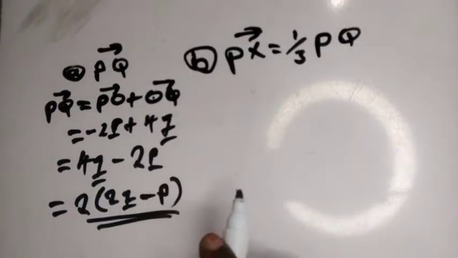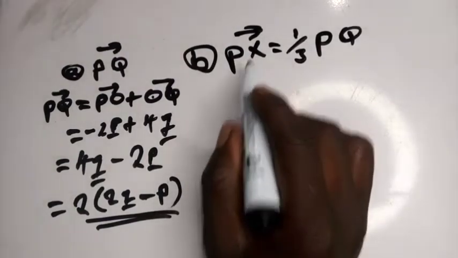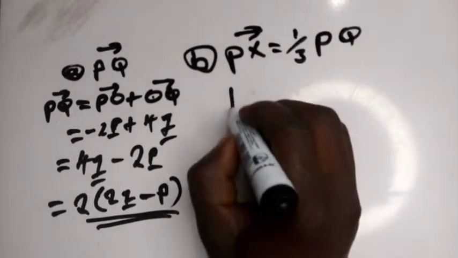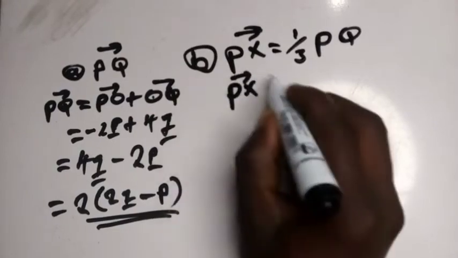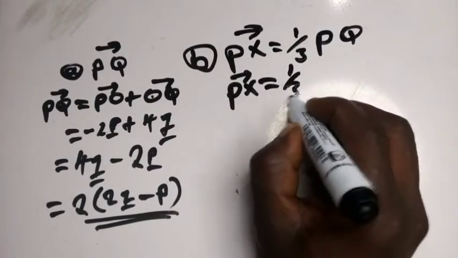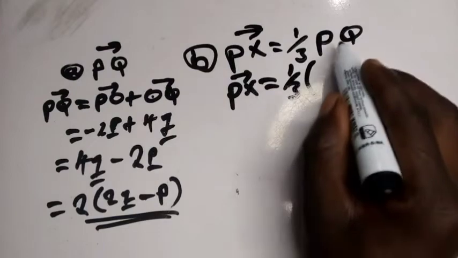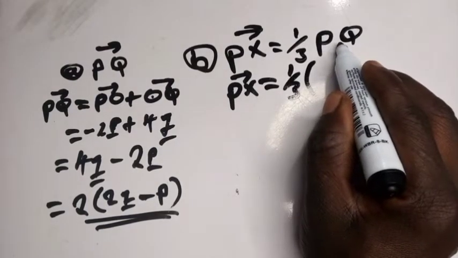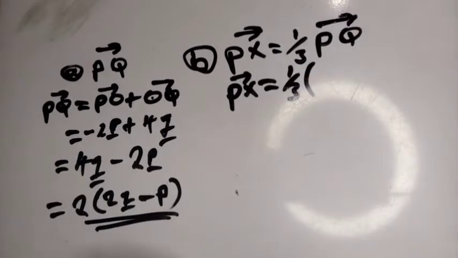And we have already found the value of PQ. So vector PX equals 1 over 3, open brackets, then where there's vector PQ, we have this value.